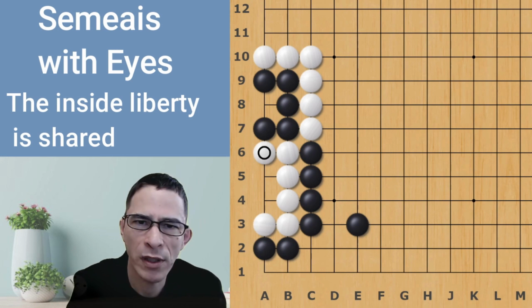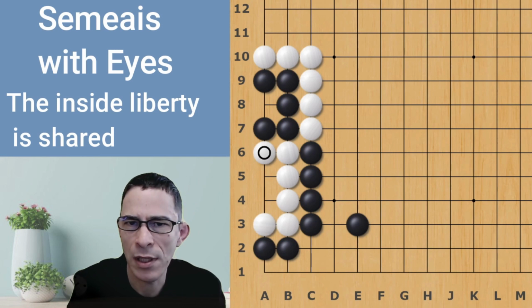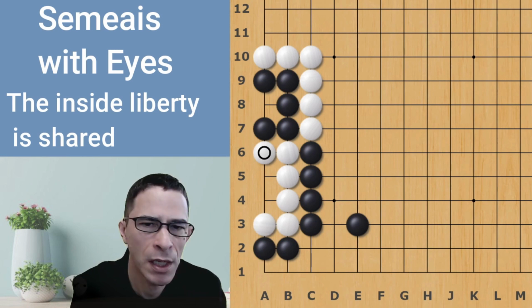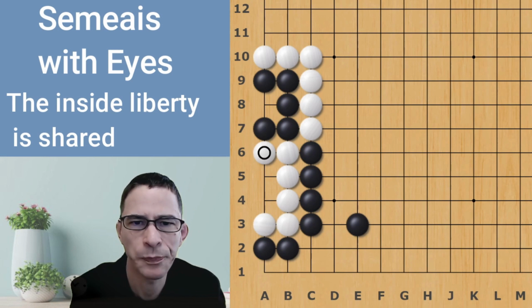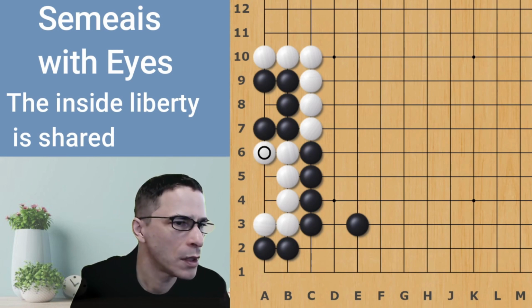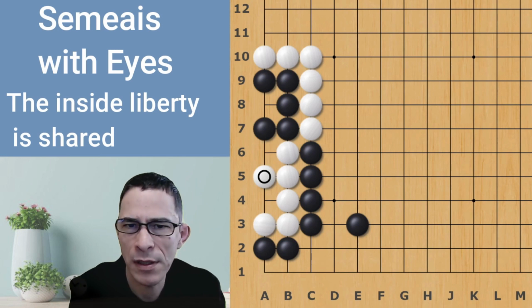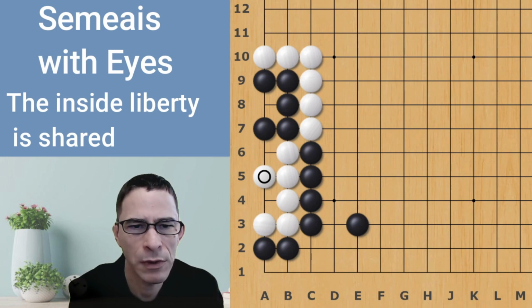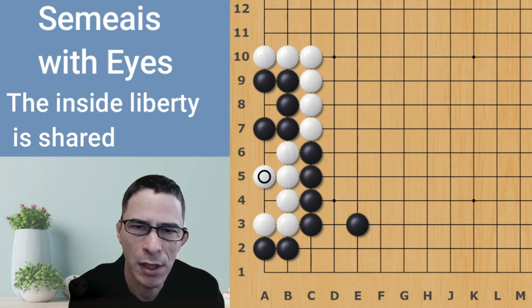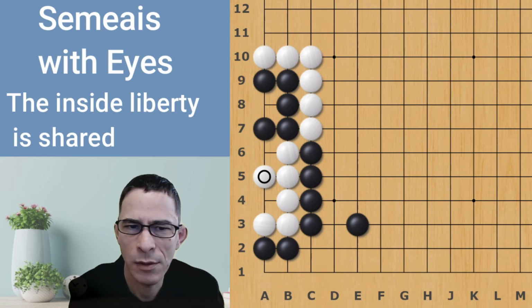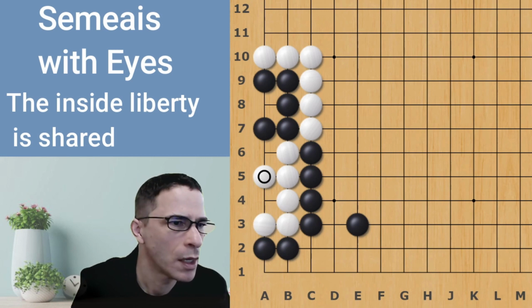So black would have one liberty and white would have two liberties here. There would be nothing special happening with the eyes in this case. It would just be the number of liberties. So the interesting things happen when you have these inside liberties, which give a possibility of having a seki. The more inside liberties, the more likely this seki is to be.